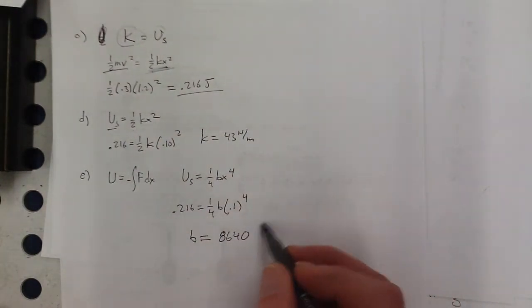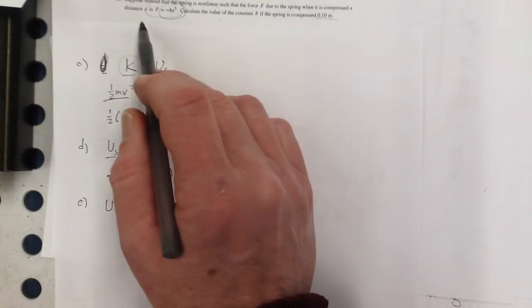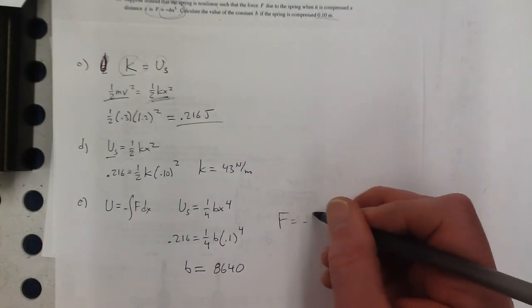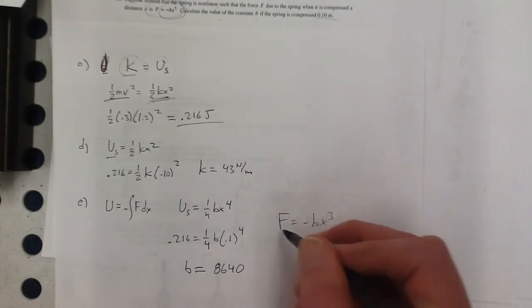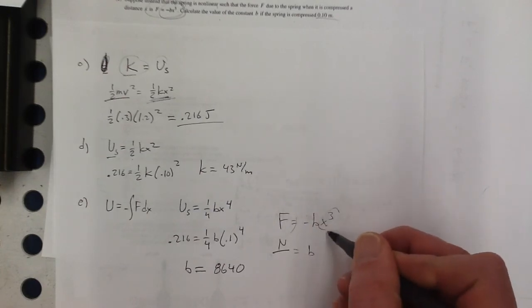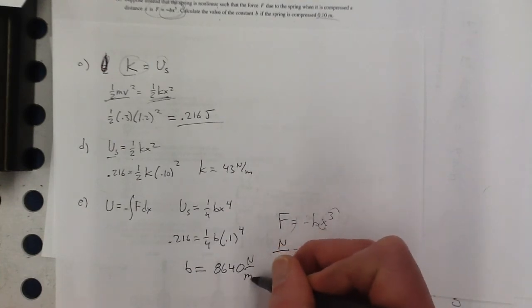I wonder if they would have a point associated with that. We're going to put them in there just to be safe. Force is equal to negative bx cubed, so the b is units of force over units of distance cubed. So that would be newtons per meter cubed.